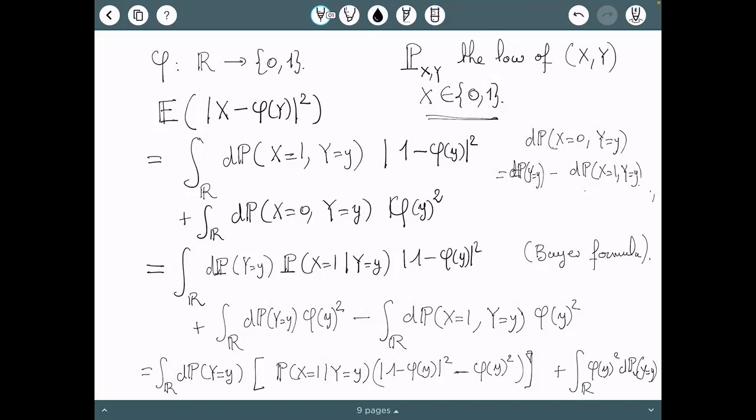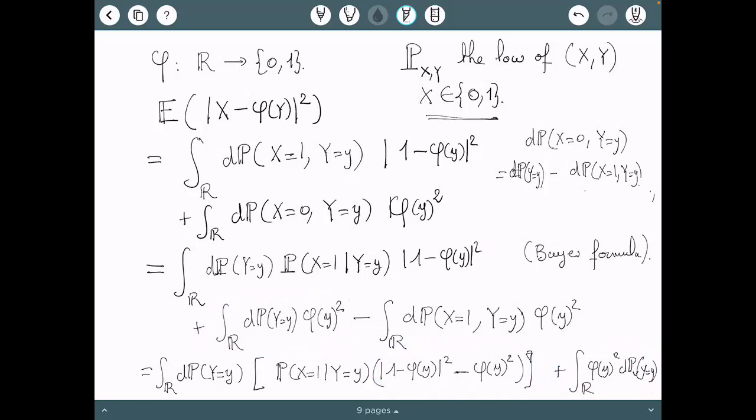What I did to get this formula is replace this term, and then you can regroup it with the other term. That provides this term here, and the other one, with the plus.